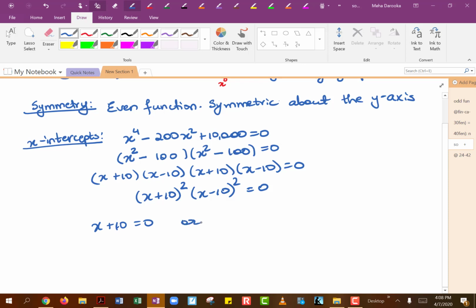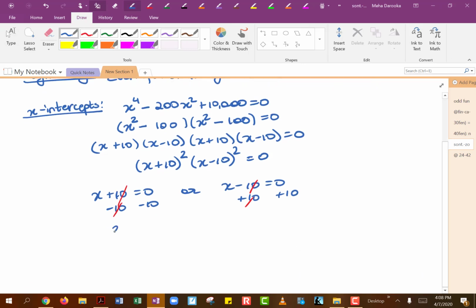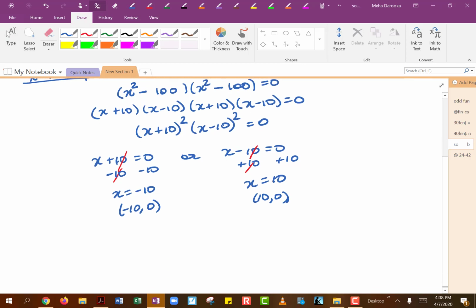So take each of your factors, set it equal to 0. We will end up getting -10 from that first one, which will be the ordered pair -10, 0, and then +10 from this second one. So that's going to be an ordered pair of +10, 0, and both of these will have a multiplicity of 2.